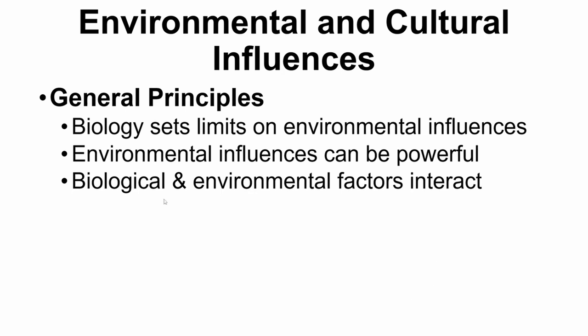We also need to keep in mind that these biological and environmental factors end up overlapping pretty dramatically. So we can have our genes influence our environment, but we can also have our environment influence our genes. For example, for our genes influencing our environment, if we look at a personality trait like extroversion, someone who is very extroverted might find themselves in more social situations.